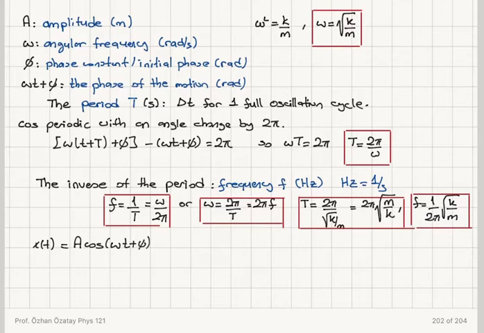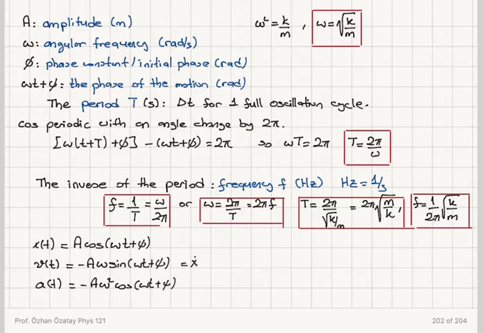Now going back to my position as a function of time, x of t, my solution to the equation of motion, A cosine omega t plus phi. If I calculate the velocity as a function of time, that's going to be minus A omega sine omega t plus phi. If I calculate the acceleration as a function of time, one more derivative, minus A omega squared cosine omega t plus phi.